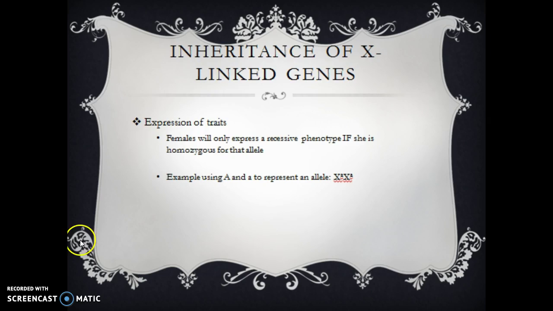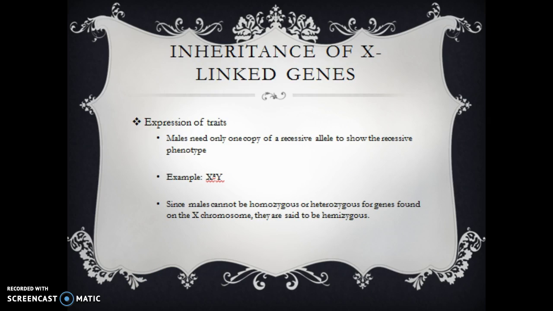For an example for females, however, we'll see an X chromosome here and an X chromosome here, with the recessive allele attached to this one and the recessive allele attached to this one. In this particular case, females will express the recessive phenotype. For males, it's a little bit different. Since we only have 1 X chromosome, in order to express the recessive phenotype, we only need 1 copy of that gene.